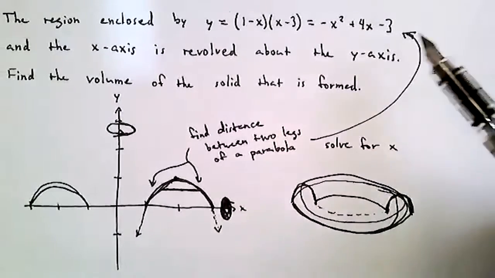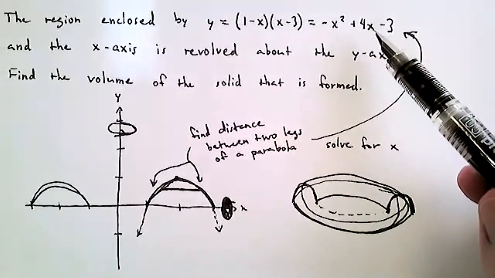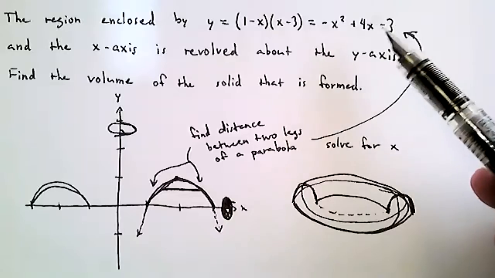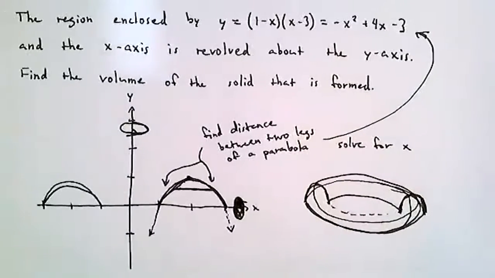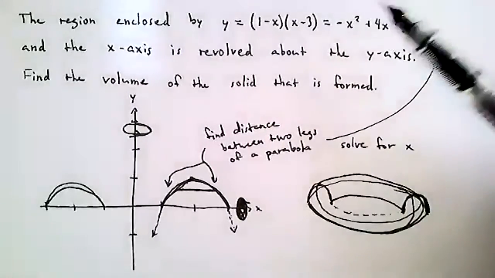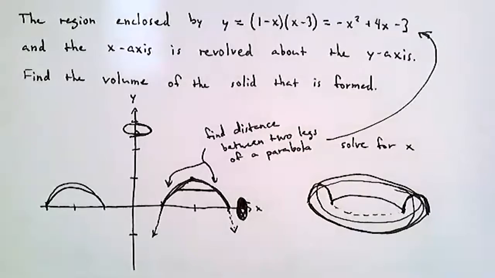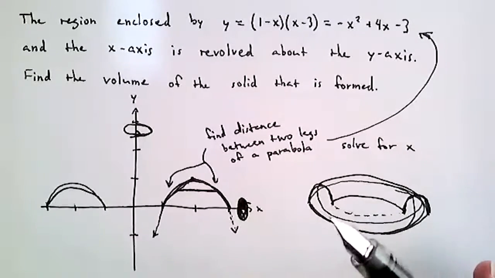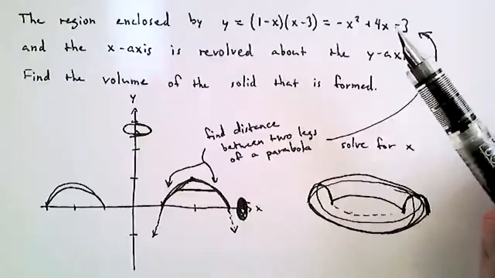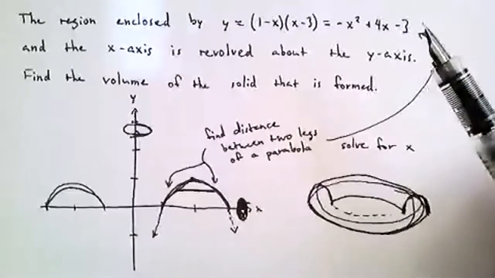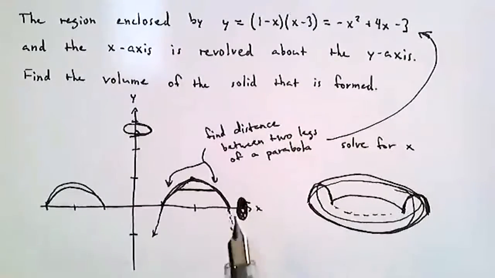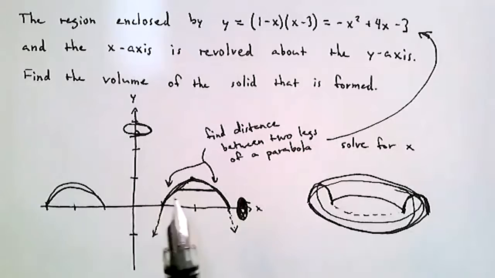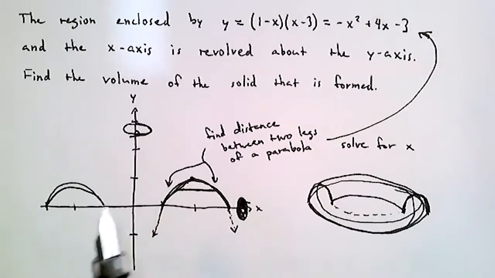And if we had a more complicated function like a cubic or a square root thrown in there, or even something more complicated like an exponential function like we're going to be dealing with a little later on, that method would not work at all. We wouldn't be able to solve this for x. So this idea of using washers is not going to be our best option. It's going to end up being too hard.